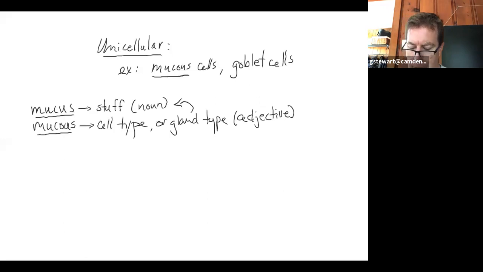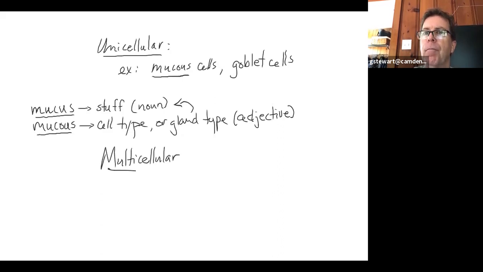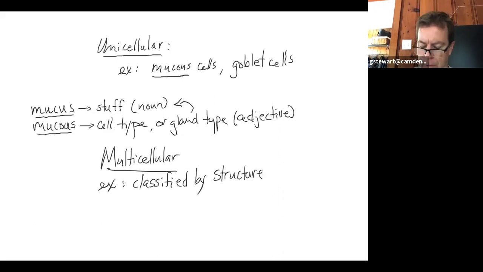All right, so multicellular examples. These are classified, I'm going to write classified by structure. And it's not difficult to understand this.